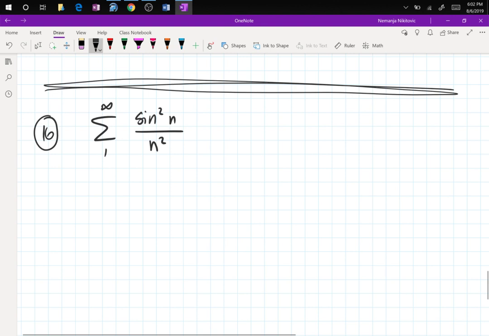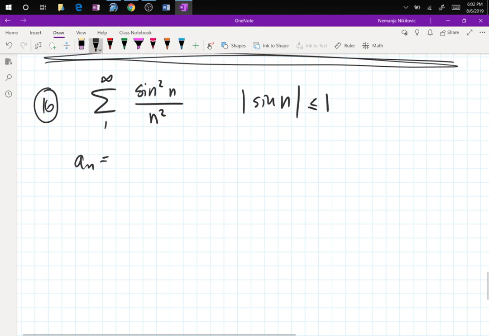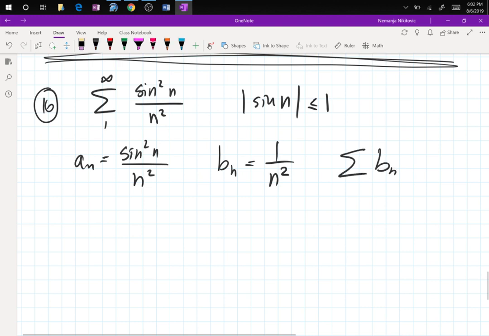So I'm expecting these to converge because sine n is bounded by 1. That's the statement that technically erases sines and cosines from these problems. So my an is sine squared n over n squared, and my bn is just 1 over n squared. The summation of bn is convergent by p series.